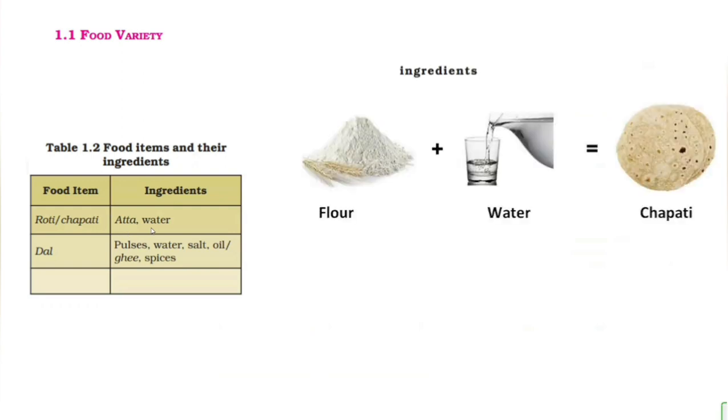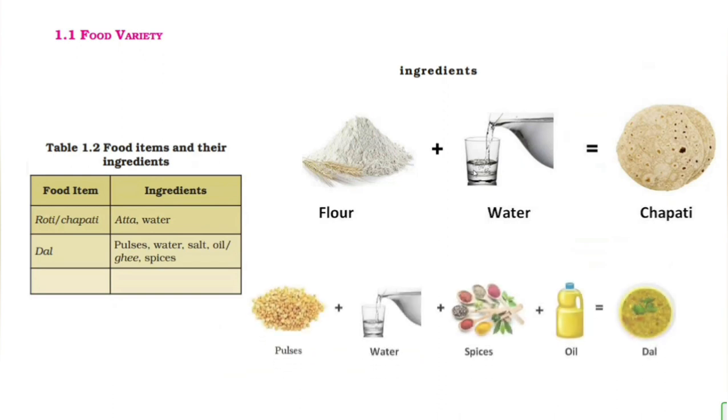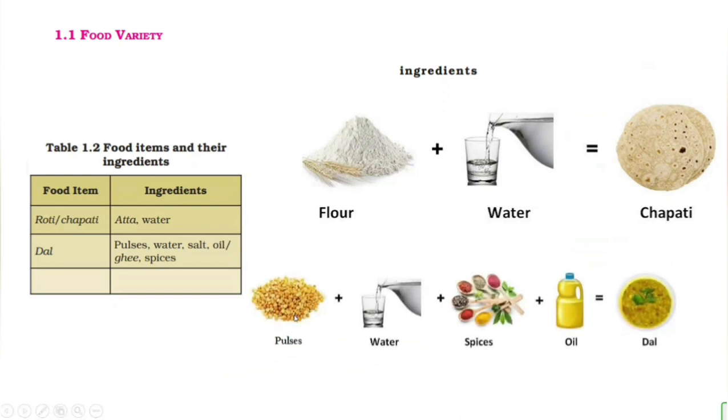So let's prepare a table like this in which we write the food item, like roti or chapati, and mention the ingredients. What are the ingredients or materials used to prepare roti? It's atta and water. So the ingredients for chapati are flour or atta and water. Next is dal. What are the ingredients required for preparing dal? Pulses, which is dal only, then water, spices and oil.